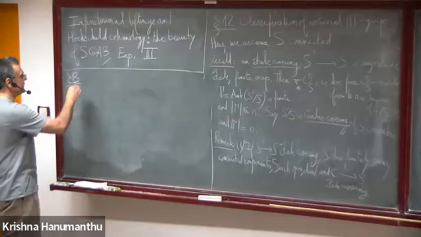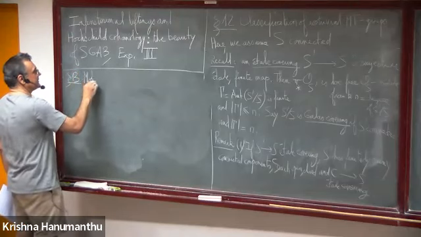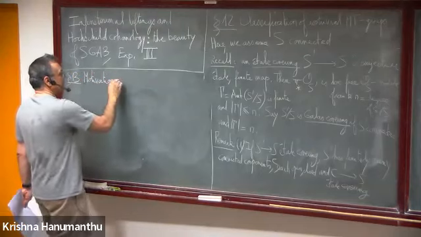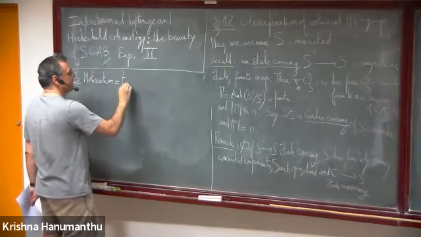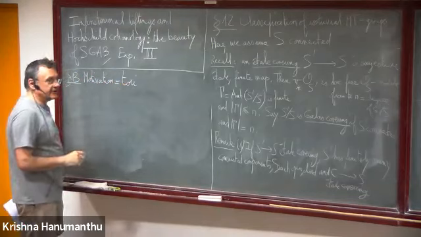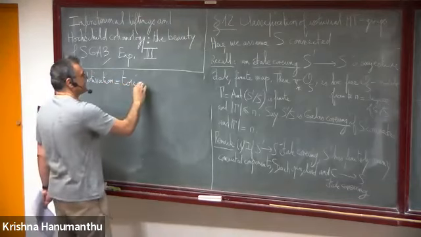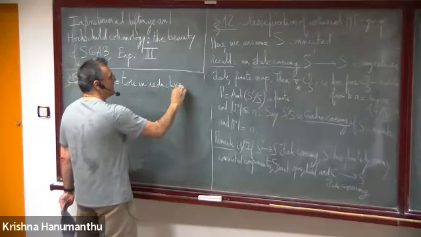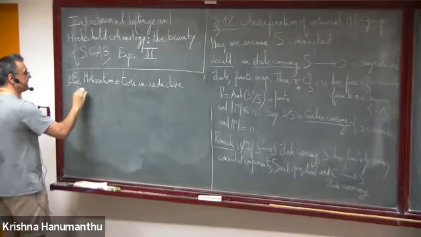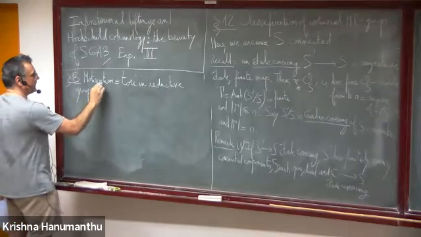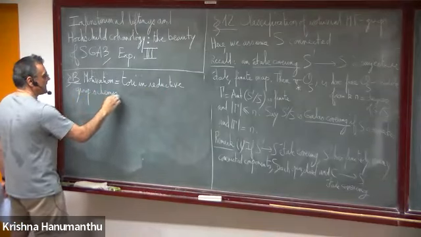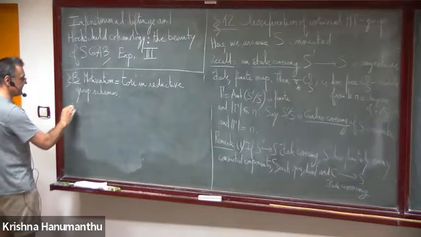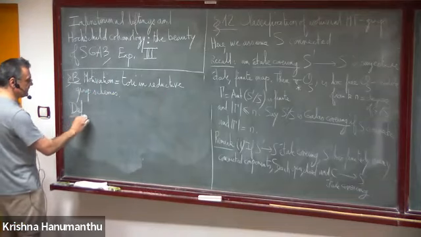Okay, so let us start. Section 13, which is motivation. And so the motivation is the study of tori in reductive group schemes. Okay, so let's start with the definition.